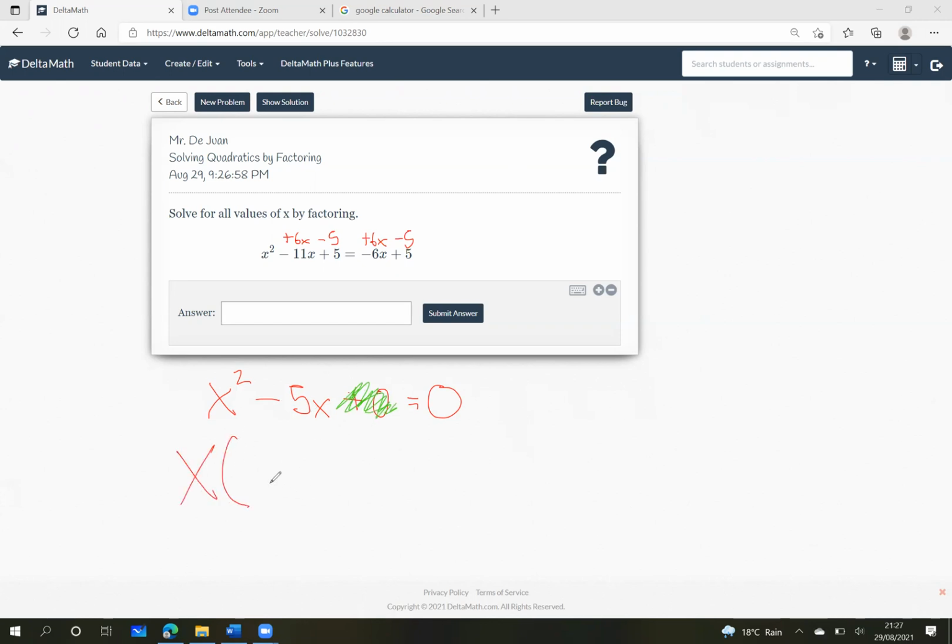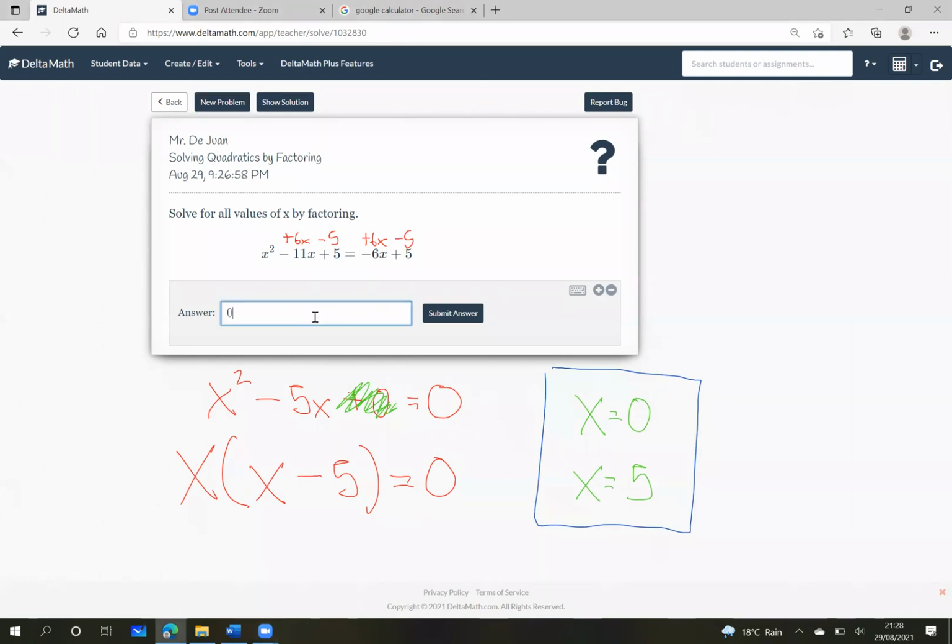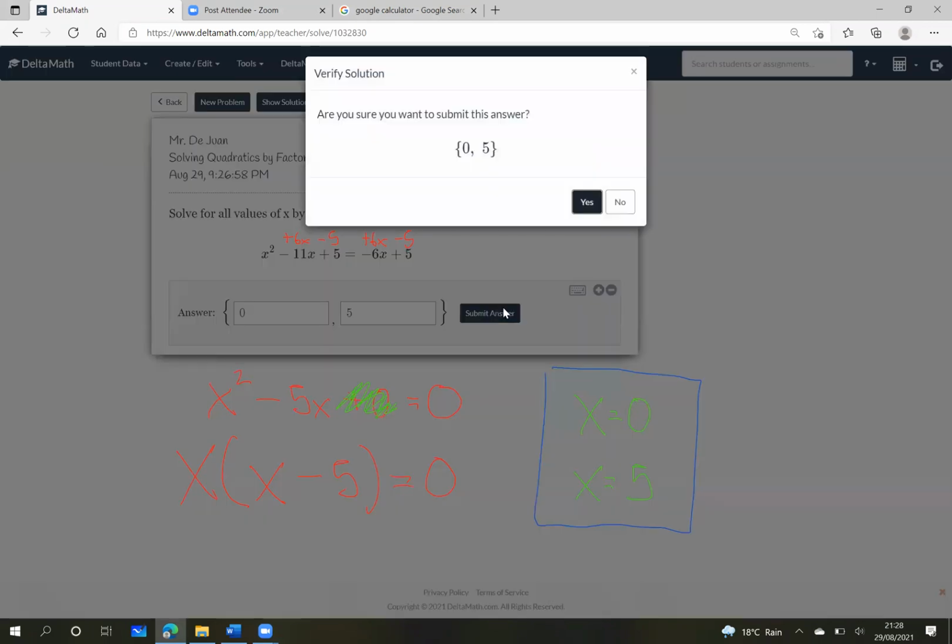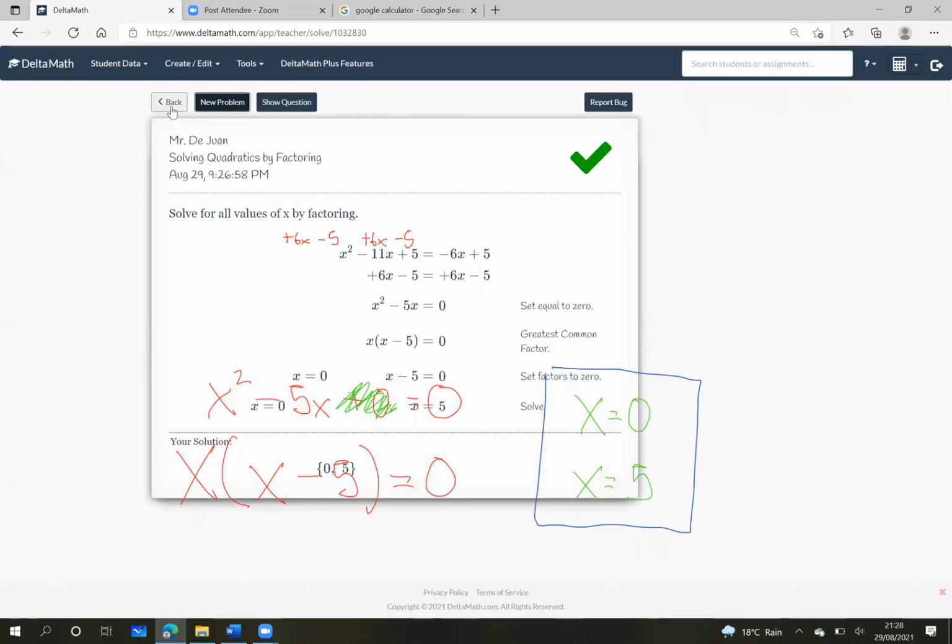Well, x, the variable, and x minus 5 equals 0. So now we have x equal to 0 and x equal to 5. Remember, if you don't have a c term, you must factor out the x.